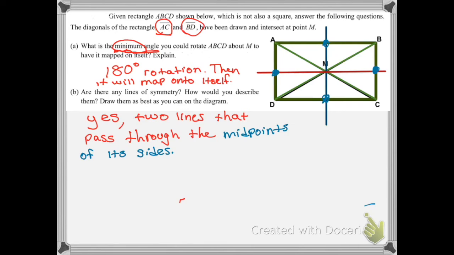Let's see another example. Okay, so here we have an equilateral triangle. In this case, we will call this a regular triangle because it has all sides the same and all angles are also the same. So how many lines of symmetry do you suppose this triangle has? Well, let's see. Remember, it's lines that you could reflect over and get the same exact image. So here is one line.